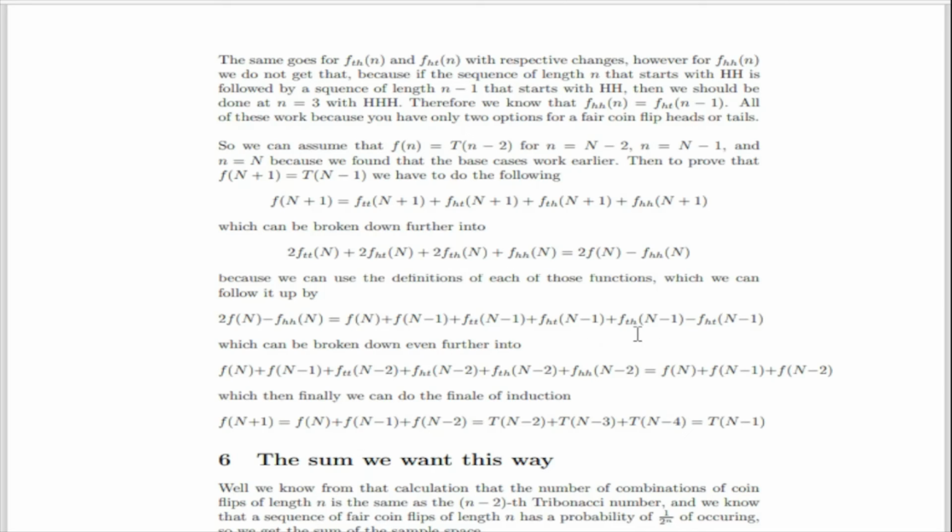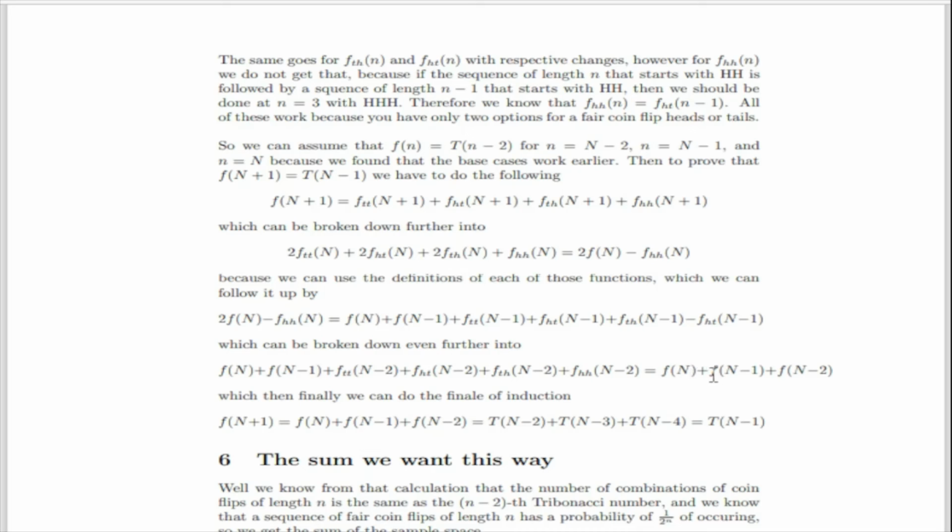So that ends up canceling out the f sub ht's, right? Which gives us f of n plus f of n minus 1, which the f sub tt and the f sub th can each be broken down into their respective parts here, which just equals f of n minus 2.